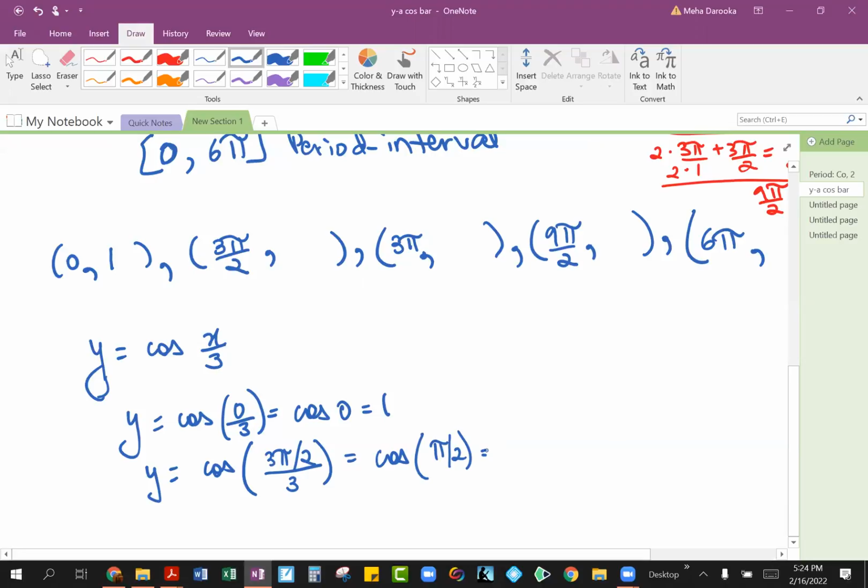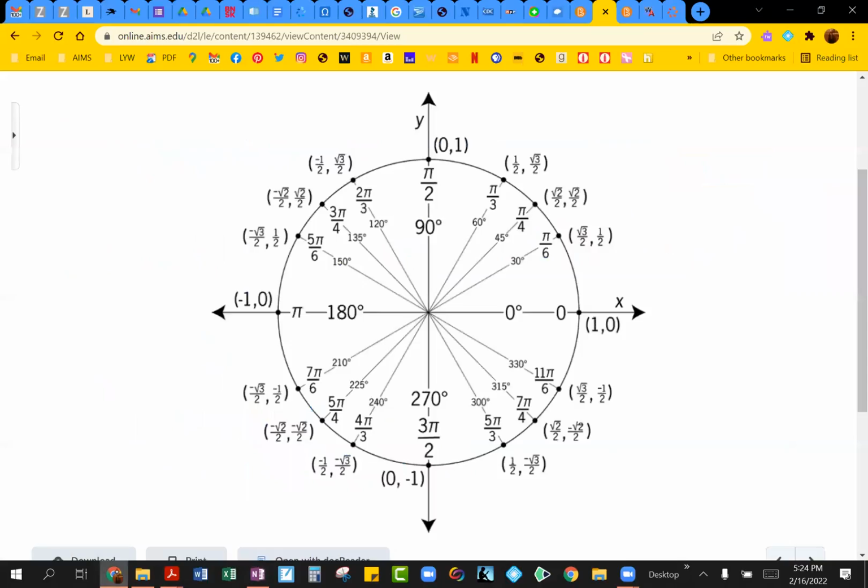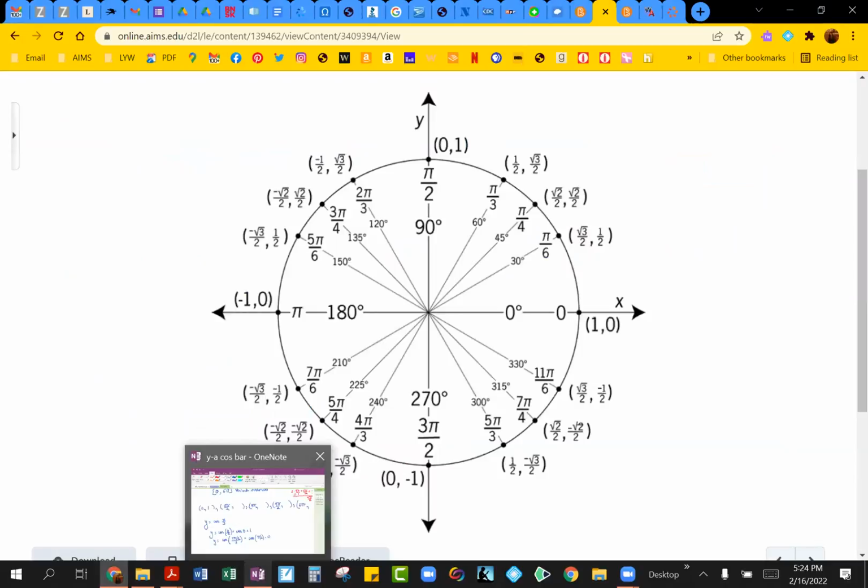And what will that give us? 0. 0, because cosine of pi halves is at 90 degrees and your cosine is 0 at that point.